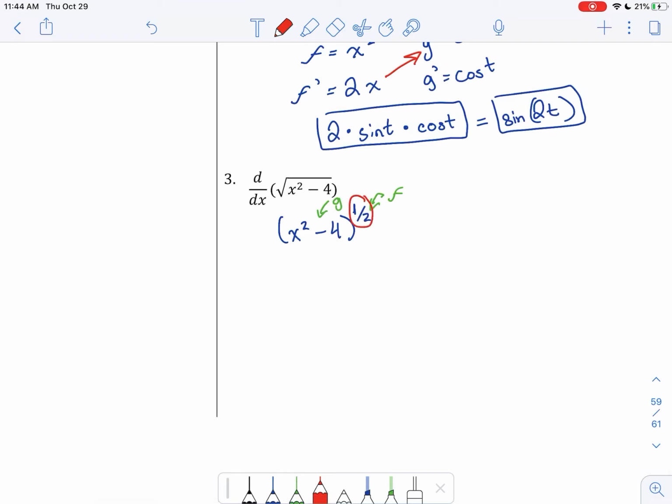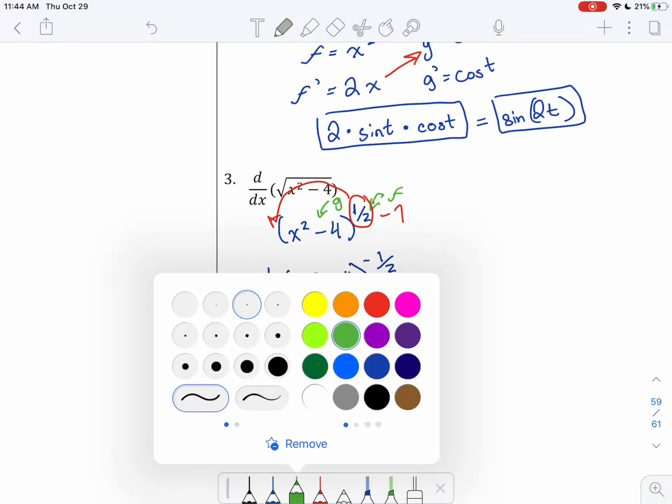okay, well, I'm going to follow the power rule in this case, bring it down, minus 1. So my first step for f prime of g would be 1/2 times x squared minus 4 to the -1/2.